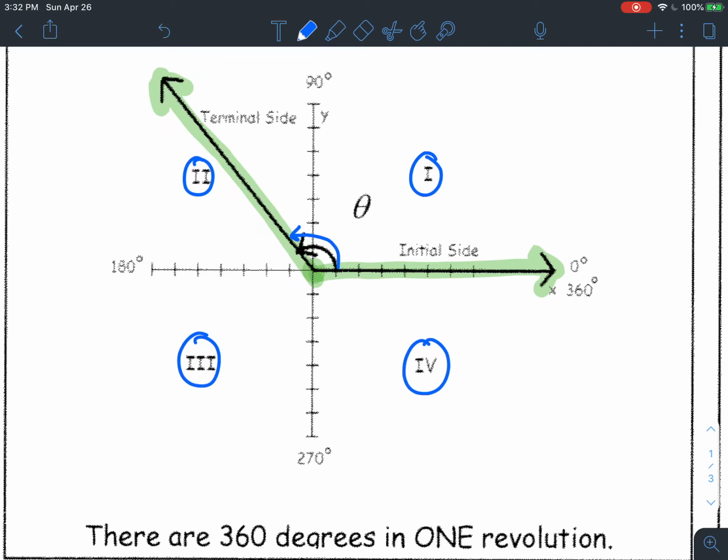Now that we know what standard position means, this makes sense the way that it's labeled, because if you start here at the initial side and you rotate around counterclockwise, as you go in that order, that's why the positive x and y values are quadrant 1, and we label them in that order.